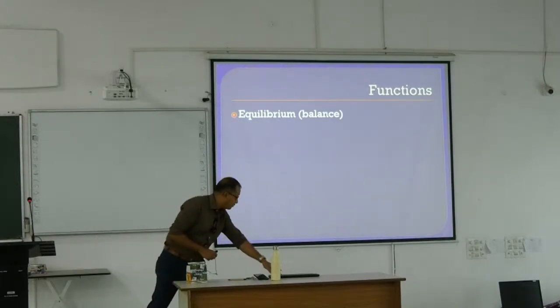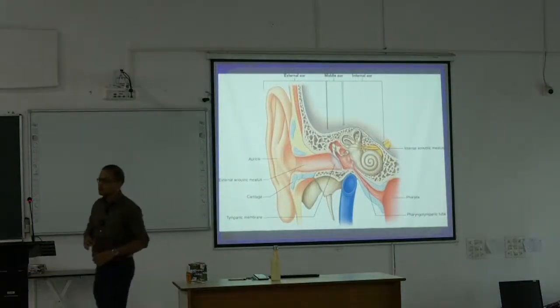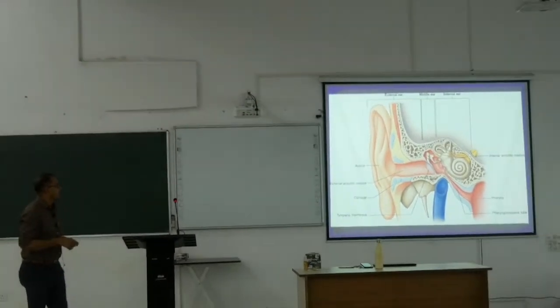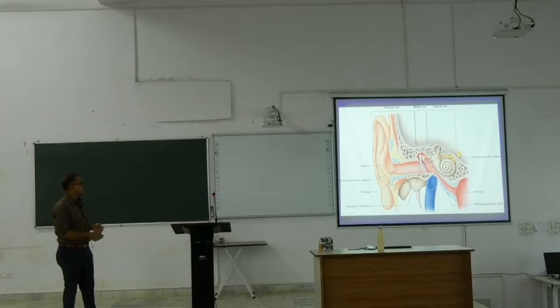Now, looking at the broader picture of this ear, this is a cross-section picture, and we can easily identify different segments of the ear. This segment you are seeing here is the external ear, which we are going to start talking about. This area, known as the pinna or auricle, has several segments which we will talk about briefly.